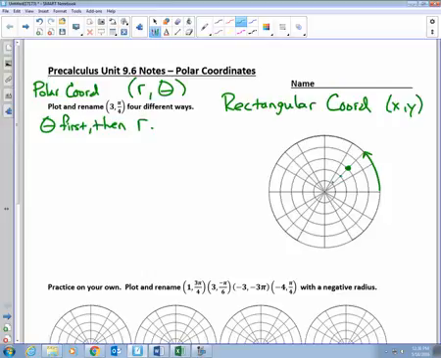Now I'm going to take that and rename it. Instead of calling it 3, pi over 4, I'm going to call it 3, but I'm going to rename the angle. I'm going to use that angle. Do you know what angle that is?